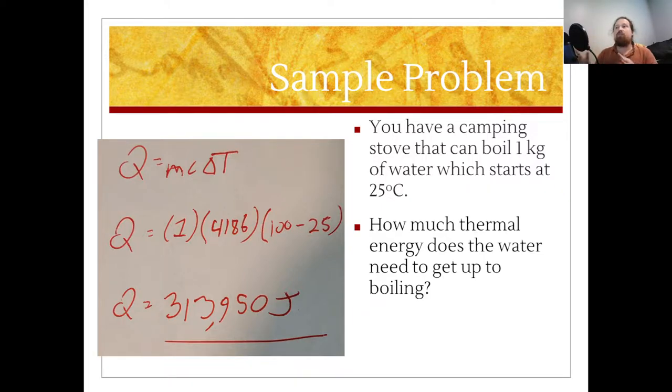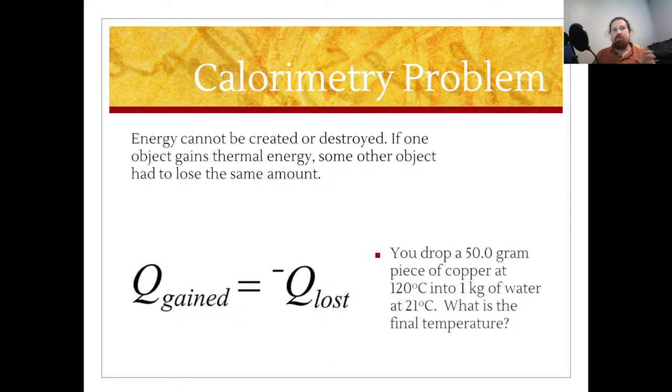And this is a fairly straightforward example where we're only looking at one object. But the thing about thermal energy is, by virtue of the fact that energy can't be created or destroyed, if we look at the energy conservation laws, if something gets hotter, if something gets thermal energy from some source, some other object had to lose that same amount of thermal energy first.